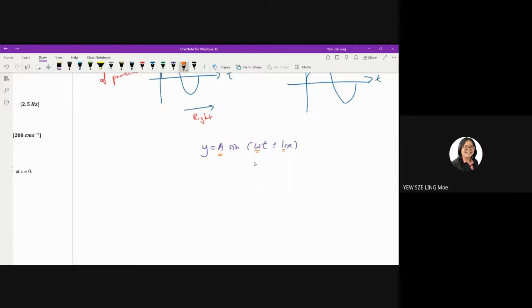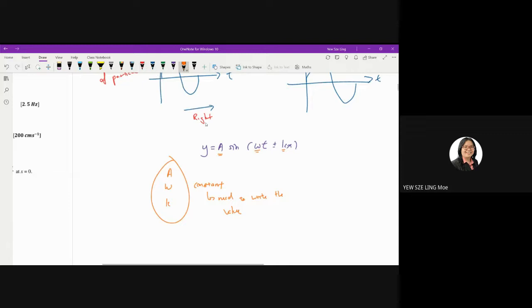If you are looking at the same wave and there are no external factors that disturb the motion, then these three values should be constant. So A, omega, and k are constant. So you need to substitute them into the equation. Need to write the values into the equations.